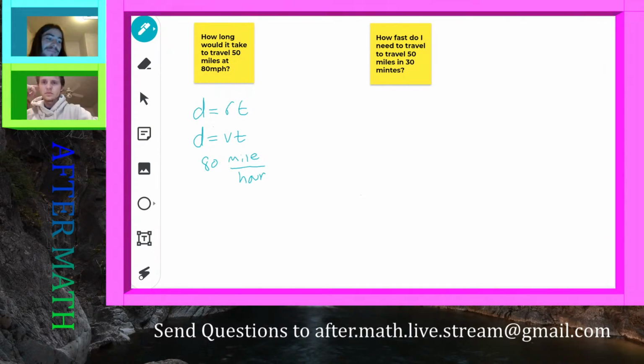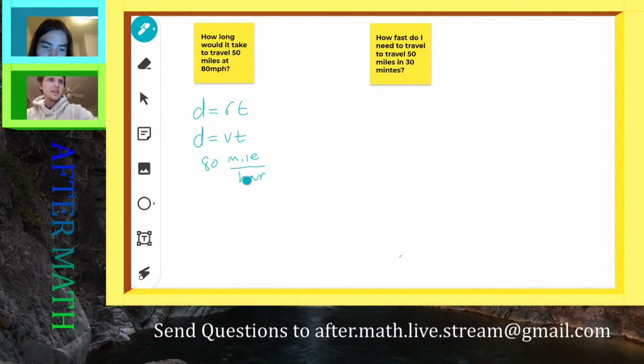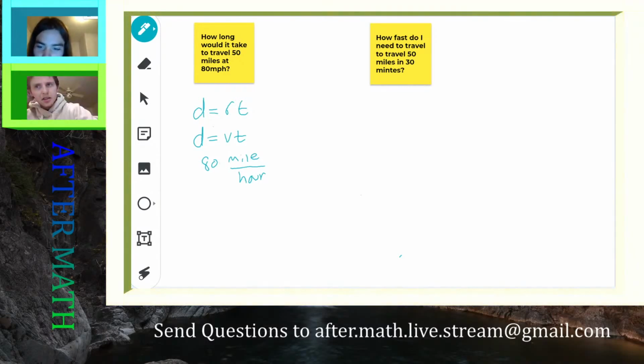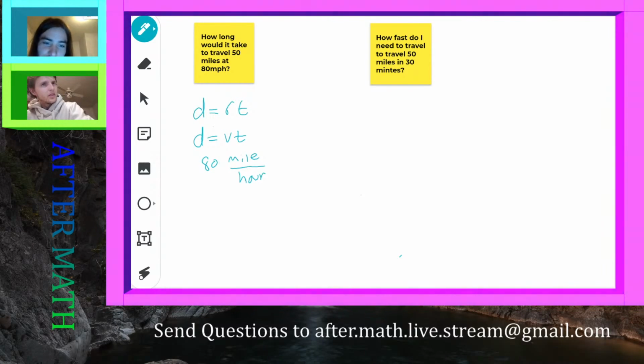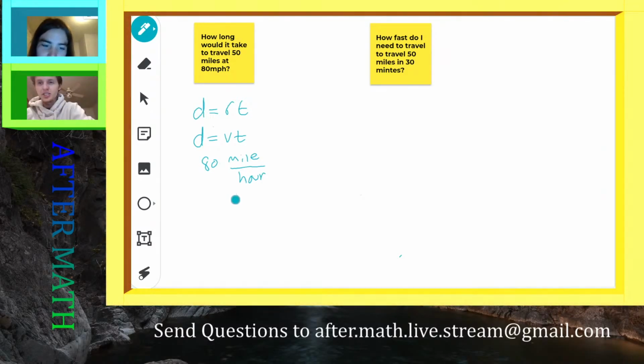So if you multiply it by a time, you'll get how many miles you've gone. That's why this equation is pretty straightforward. So this time is in hours, not minutes or seconds.